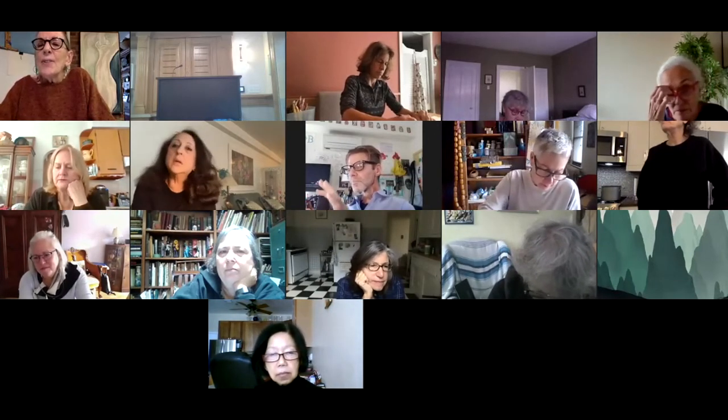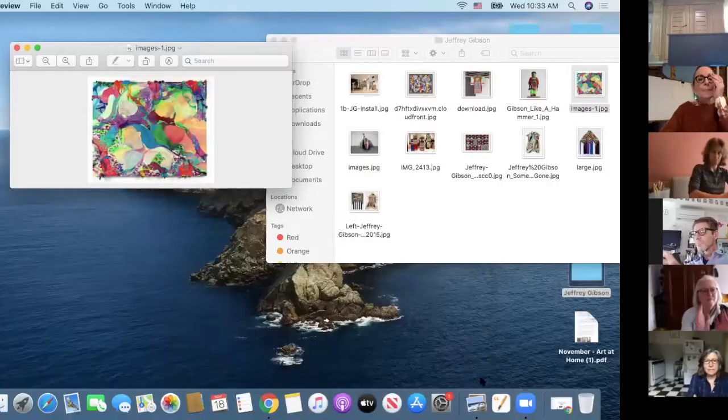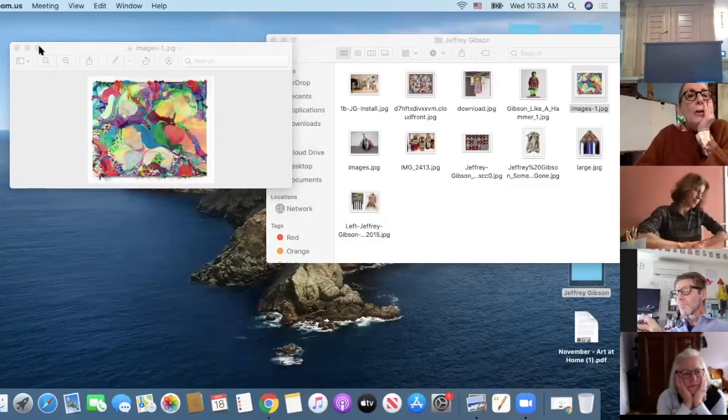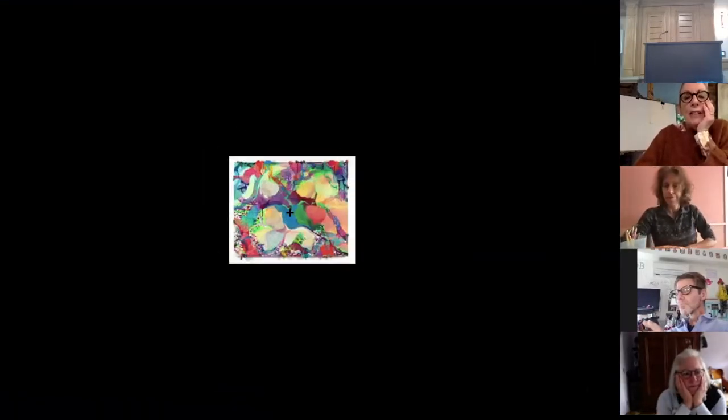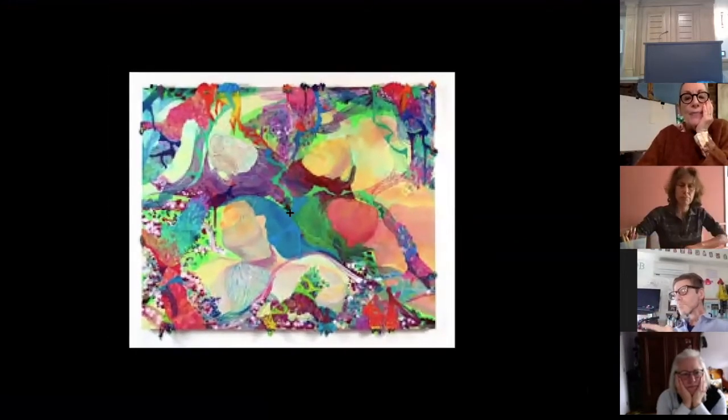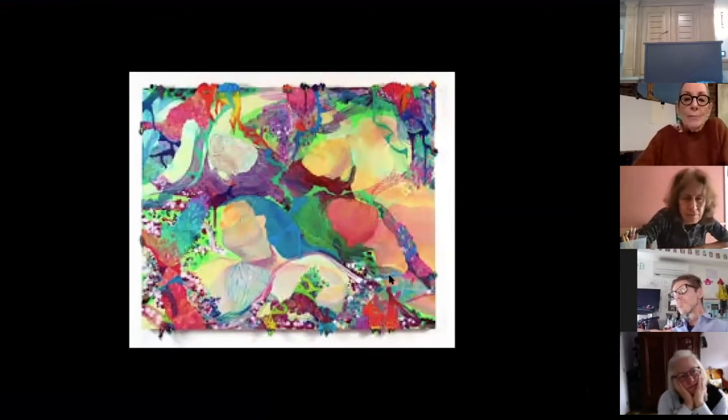He also, this is one of his earlier works that I'm about to share. He creates what he calls atmospheric landscapes, very different from what we just looked at. This one is way more abstract and organic. You can see that some of it is three-dimensional.